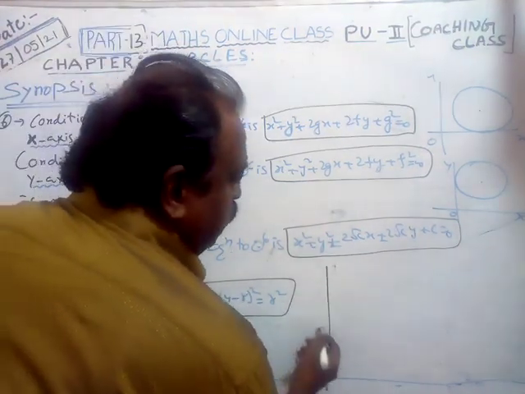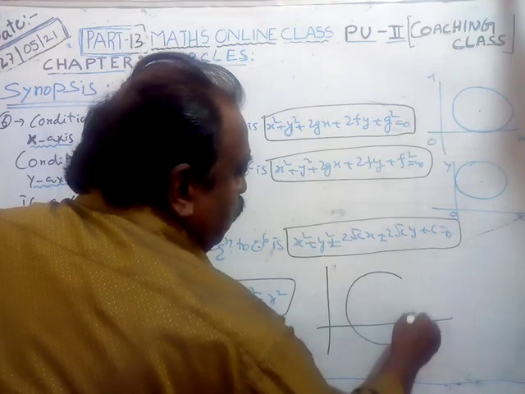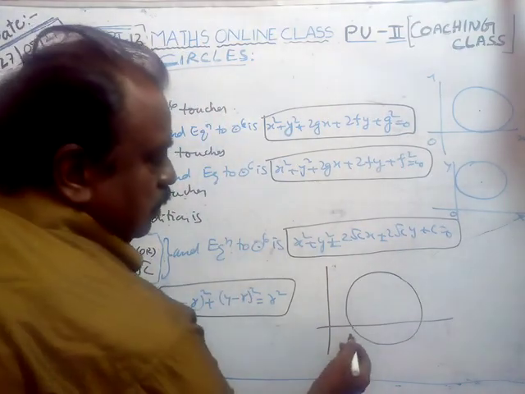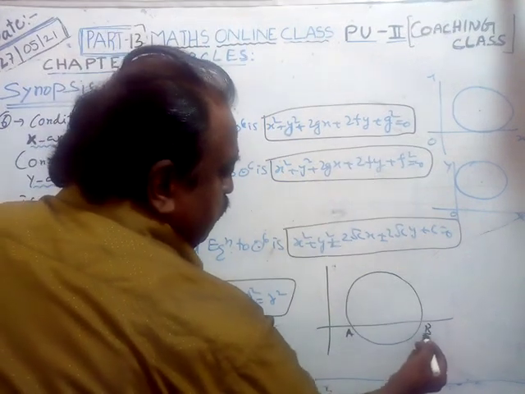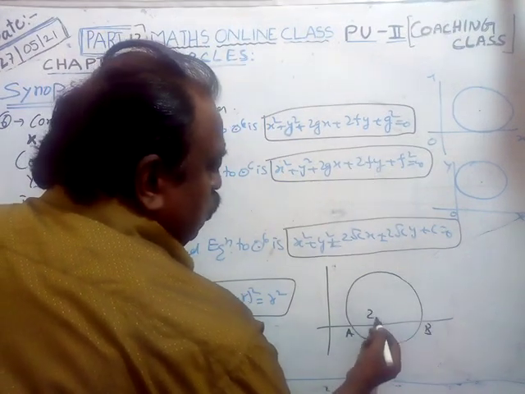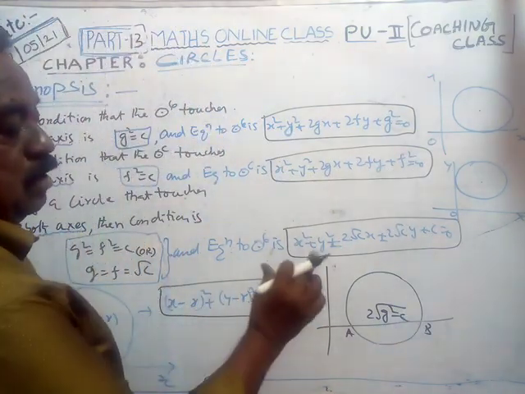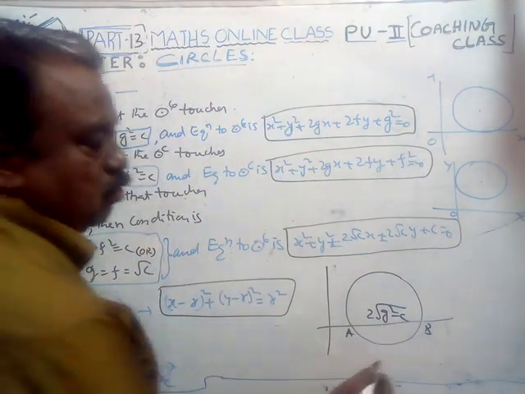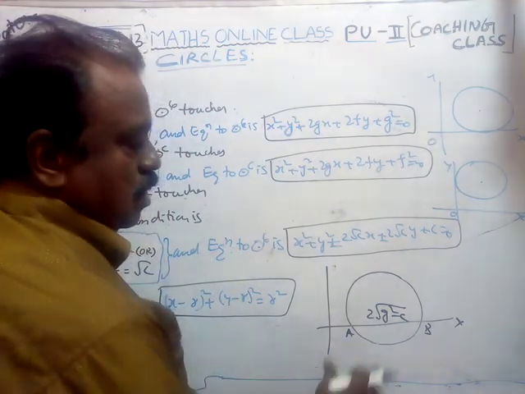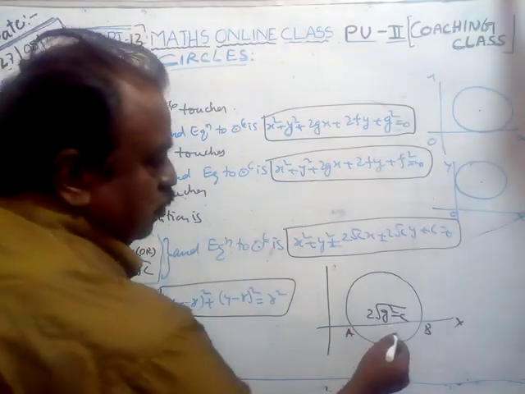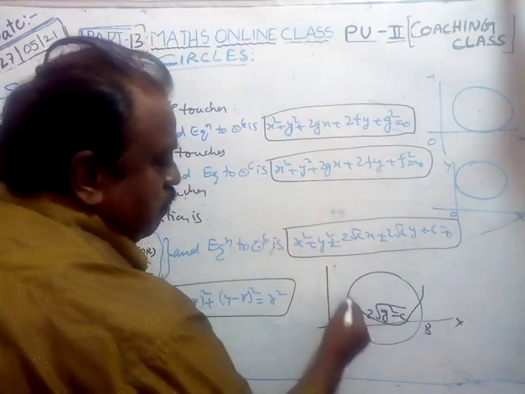Already in the fourth and fifth points of the synopsis, the x-intercept of any circle is 2 root g square minus c. This circle cuts the x-axis at 2 points. If the 2 points coincide, then the circle will become like this.